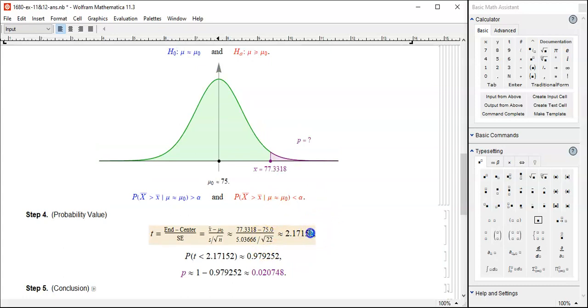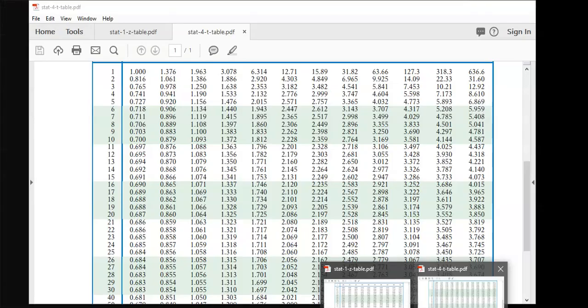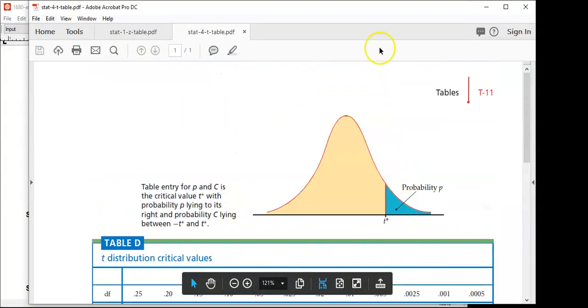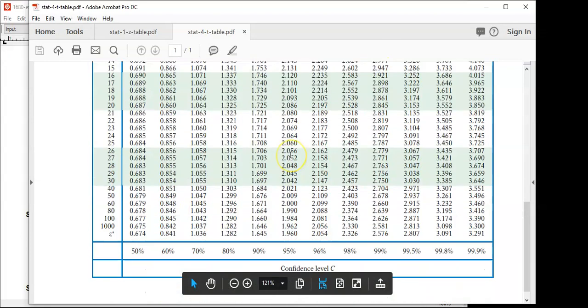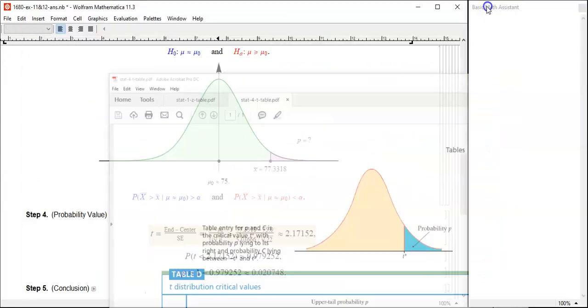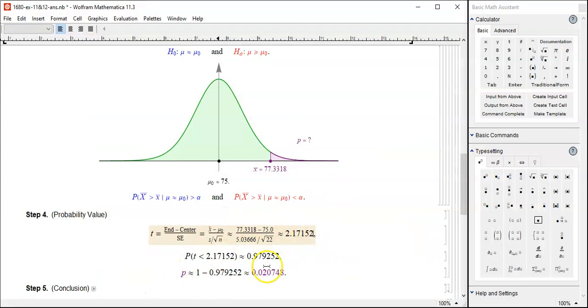How do you calculate the probability, the area of the shaded region, by handheld calculator, because the t-table does not support it? See, the t-table does not support it. It gives you just critical t values. So how are you going to do that? That's going to be a bit of a problem, but assuming you did it, then you're going to get something like this.